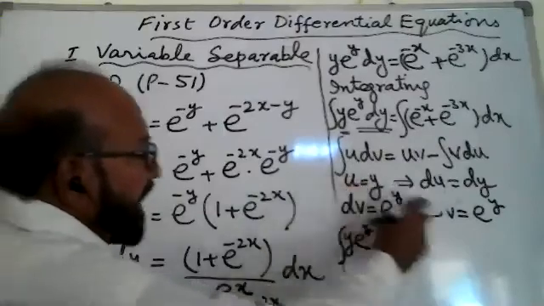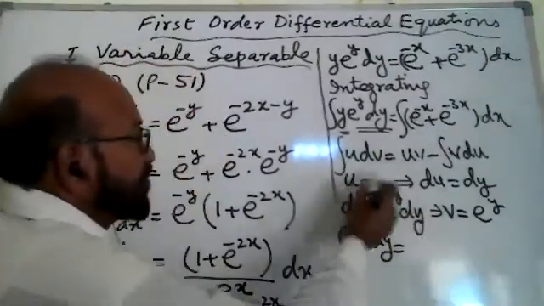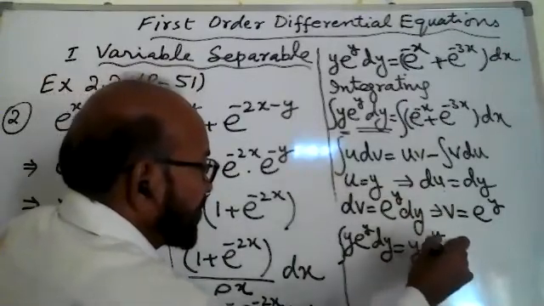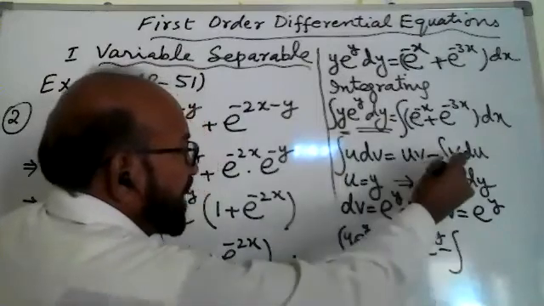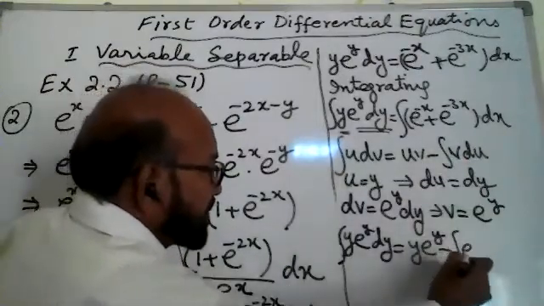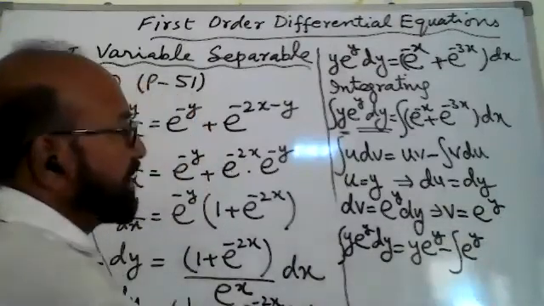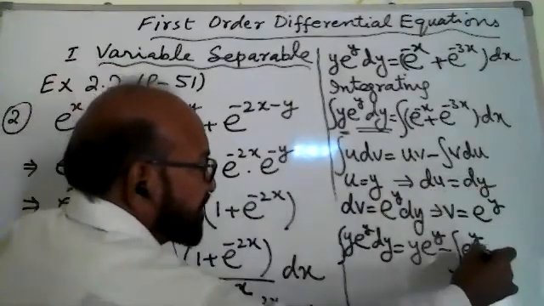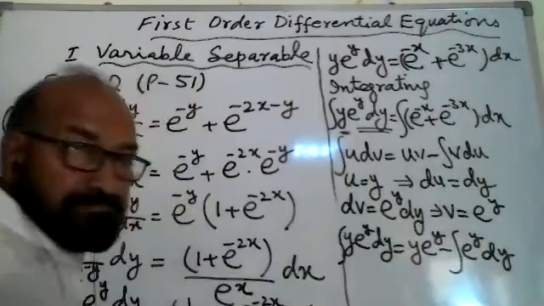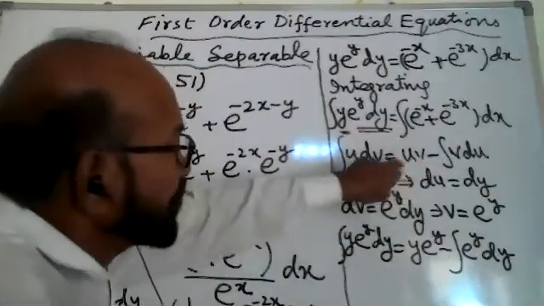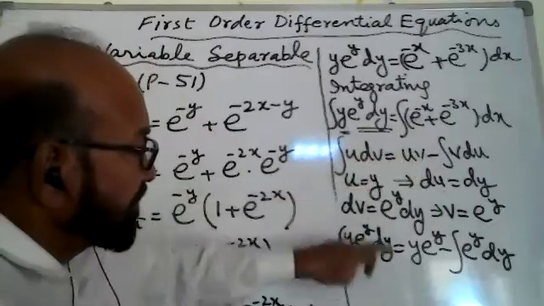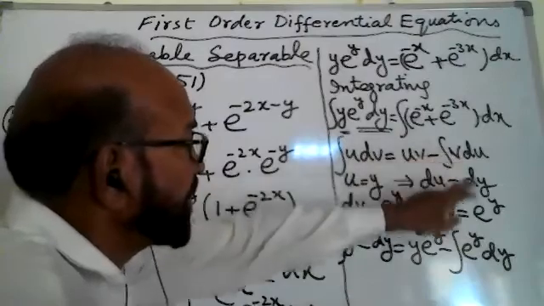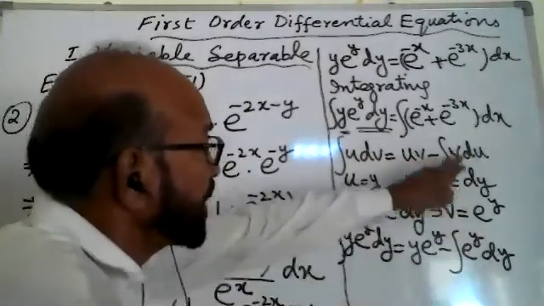U is y and v is e raised to power y, so u into v will be y e raised to power y, minus integral of v, v is e raised to power y, into du, du is dy.